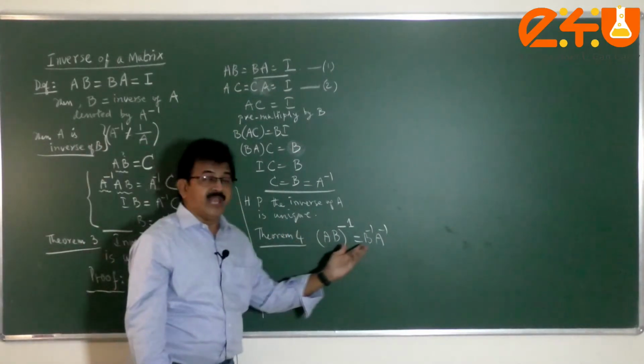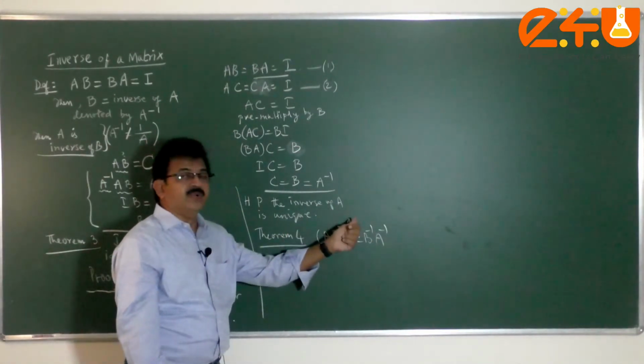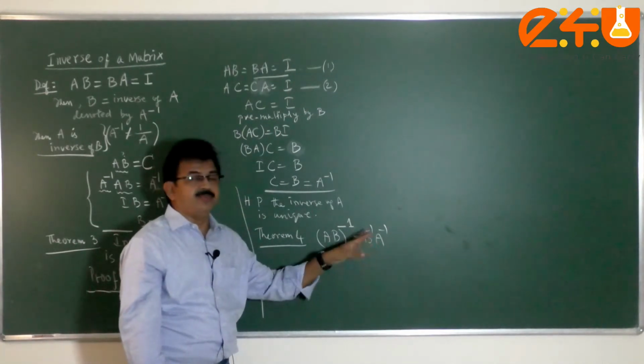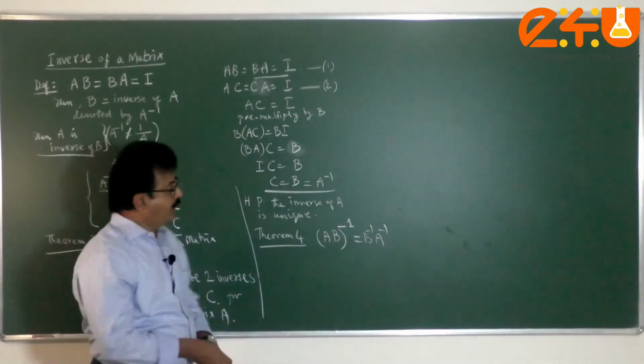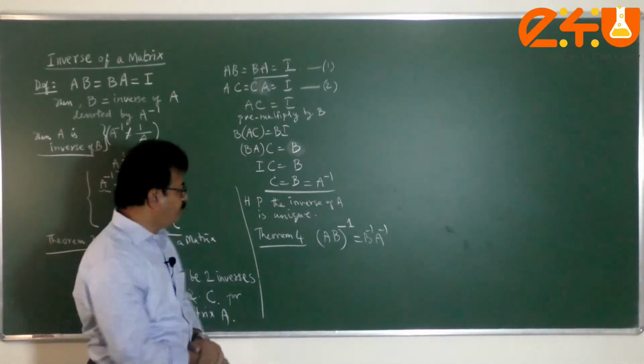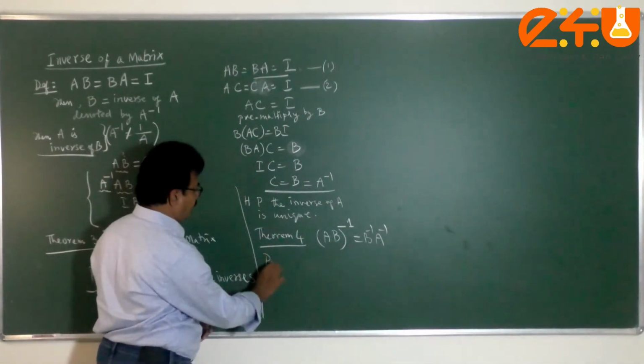It is not in the same order, it is not A inverse multiplied with B inverse, it is B inverse times A inverse. This also requires a proof. Let us go ahead.